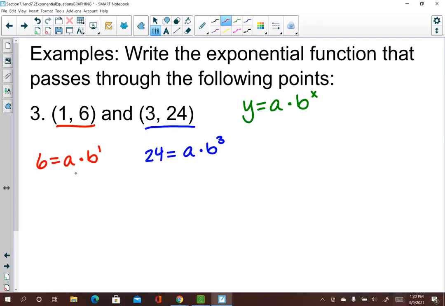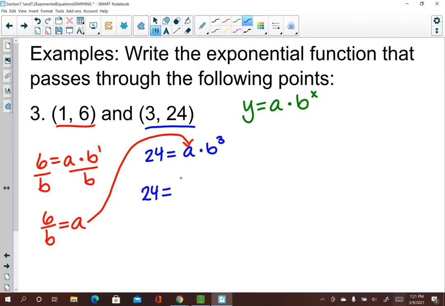So I'm going to take my first equation and solve for a. The way I'm going to do that is by dividing both sides by b. I find out that 6 over b is equal to a, solving a literal equation. And then I can take that and plug it right in here. So 24 is equal to something instead of a times b to the third. Well, this is 6 over b from our work over here.